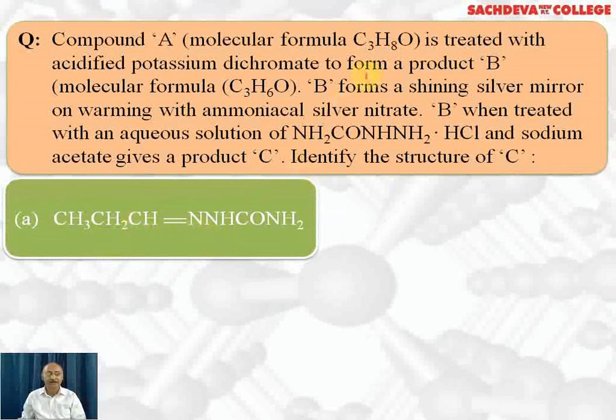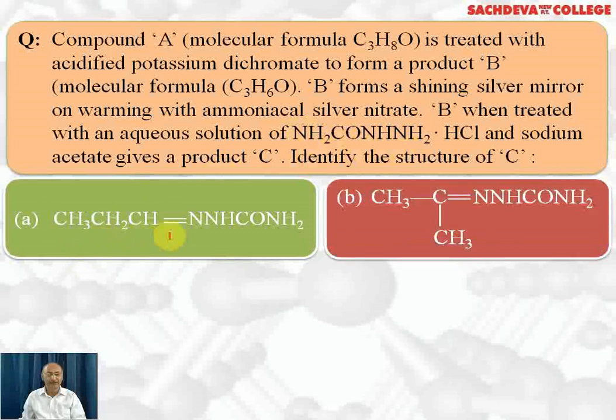Why A part? Because this compound is normal propyl alcohol. This compound is propanal and it reacts with semicarbazide to form semicarbazone. Propanal semicarbazone. A part is the correct answer. Acetone is not possible because acetone cannot give the Tollens reagent test.